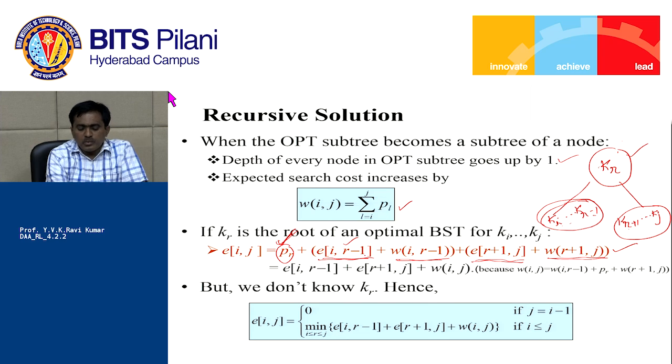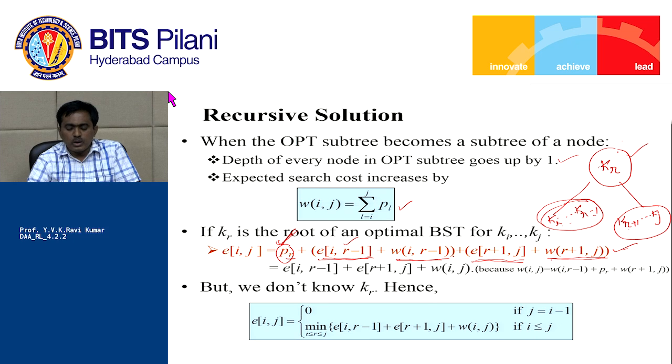Now we can simplify it further. The p_r, w(i, r minus 1), and w(r plus 1, j) are all nothing but the cost incurred on going through each and every node, including the root as well as the nodes in the left subtree and the nodes in the right subtree.